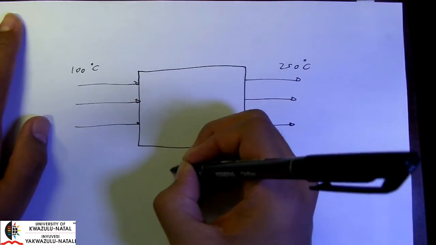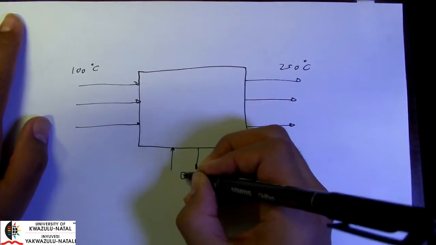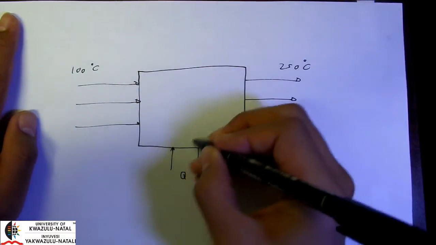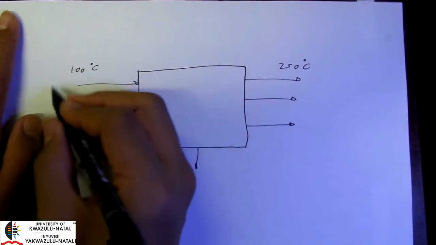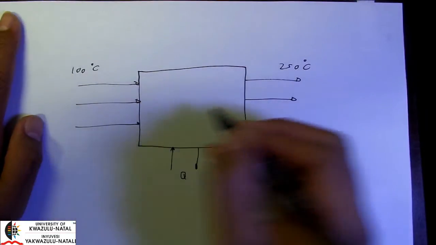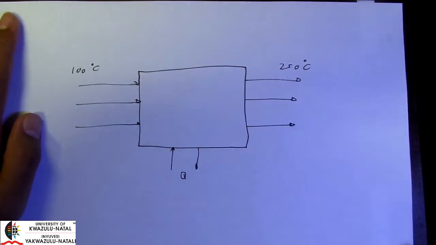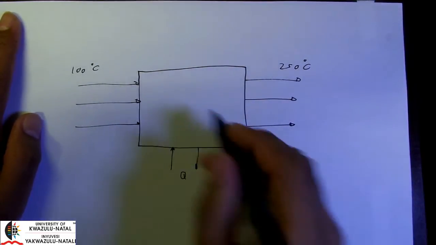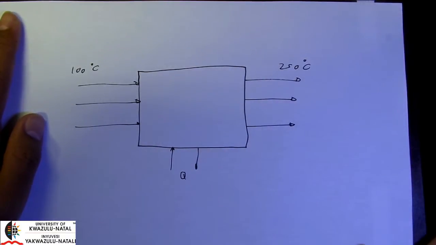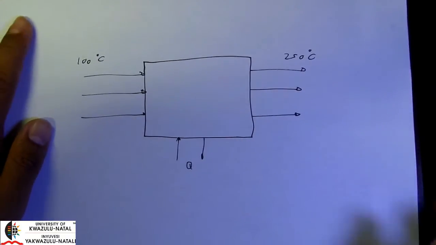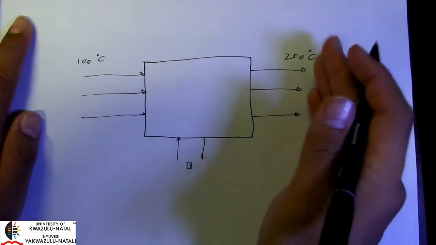Okay, and that will dictate how much energy I may need to either input or remove. In this case here I have 100 degrees input streams, and it's becoming 250 degrees by the time we're looking at our output. So we can expect that our reactions are perhaps exothermic. So we will have to remove heat in this particular case.